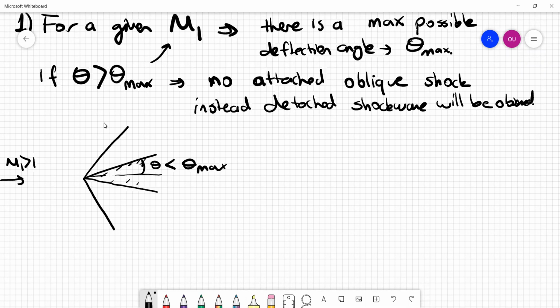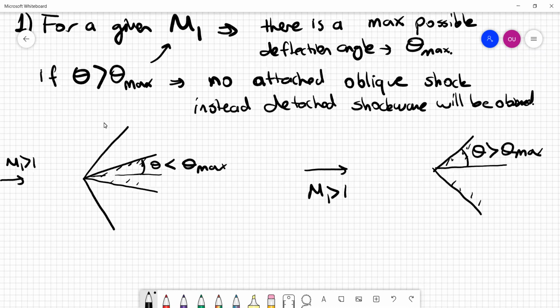But if we are flying at the same Mach number, and somehow we selected a solid body with a larger theta, so large that it is larger than the allowable theta max value, there will not be any oblique shock wave attached to this nose. This will produce what we call a detached shock wave like that.